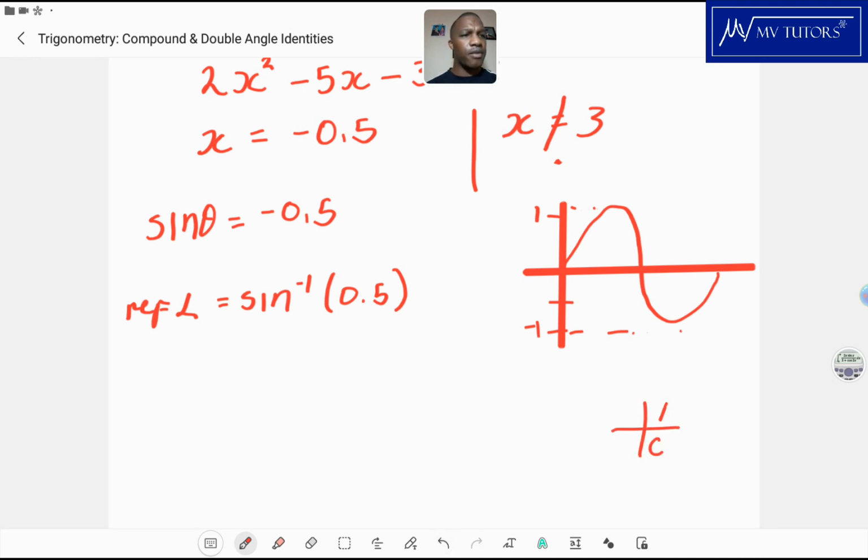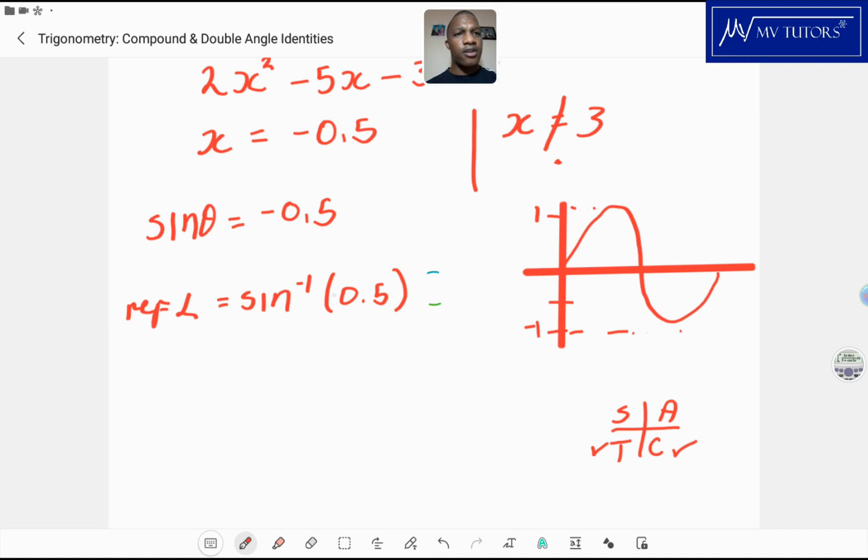If you remember your CAST, sine is positive in the first and second quadrants, so it's negative in the third and the fourth. So the answer we're looking for must be negative.